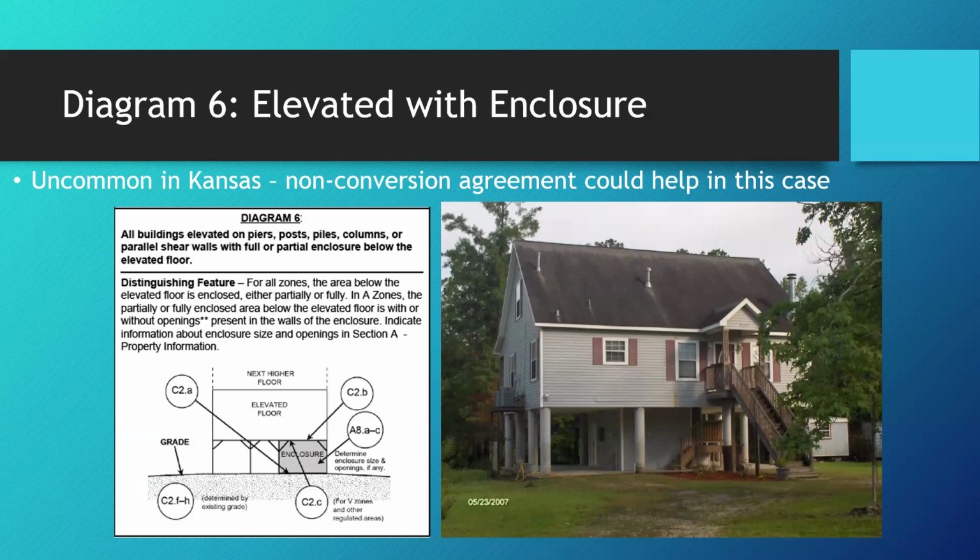So sometimes people will build stuff like that and then try to convert it to living space later on. So you might want to enforce a non-conversion agreement or put a covenant on the deed that says you can never convert it to living space. And then it might be beneficial to you to do periodic inspections afterwards to ensure that is the case.